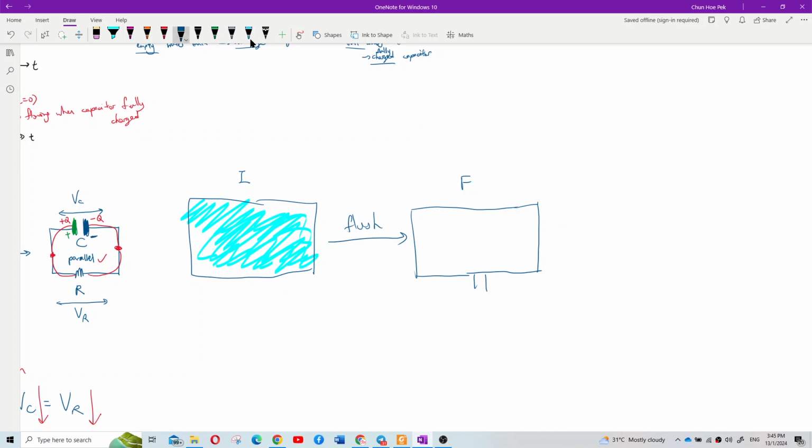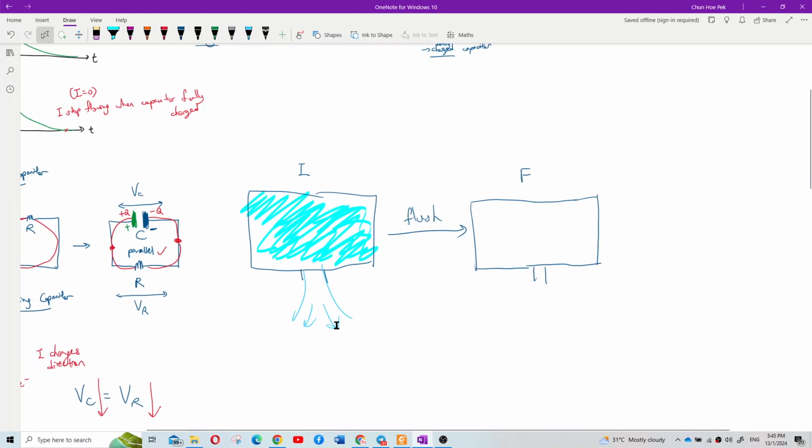So maksudnya bila kita flush, air banyak keluar kan? Flush itu maksudnya discharge, kan? Bila air itu keluar, dia sedang discharge.